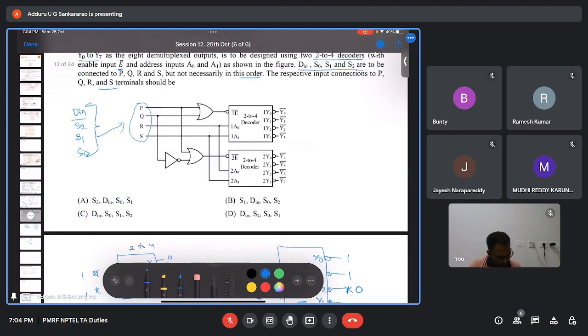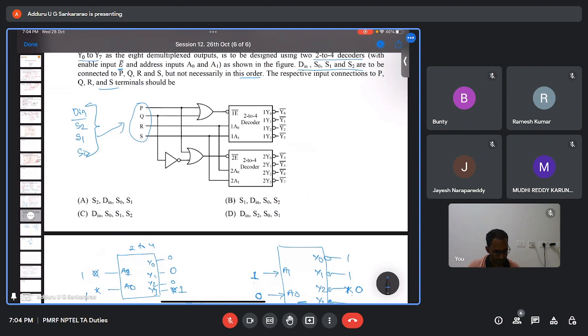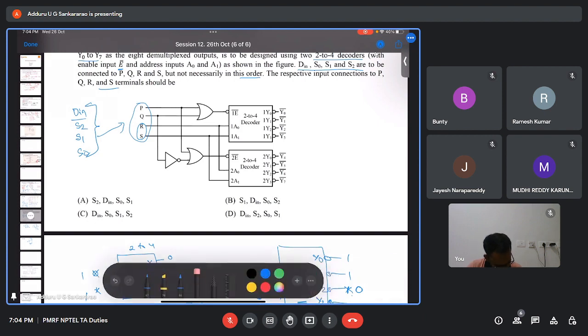Now if you see in this example, R and S are connected to A0 and A1 of both the decoders. And Q, for the first decoder, is directly connected through an OR gate.